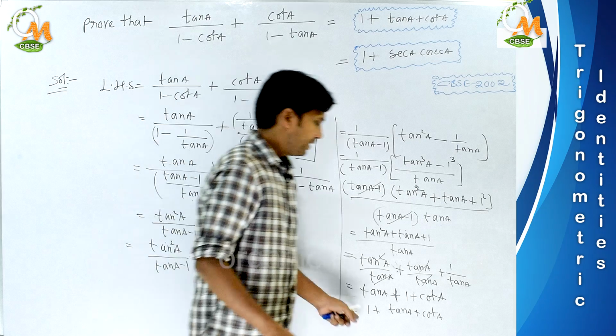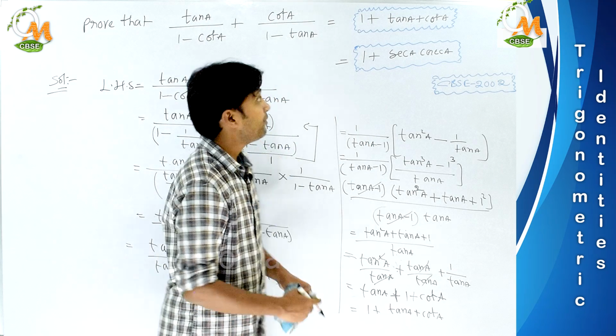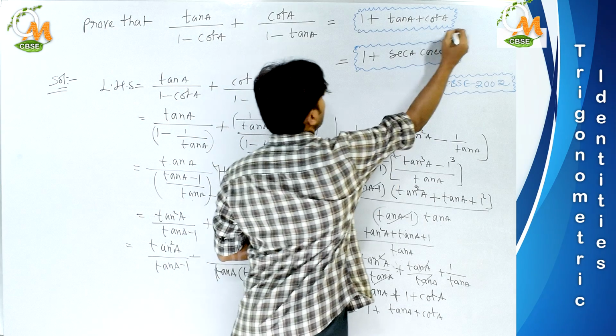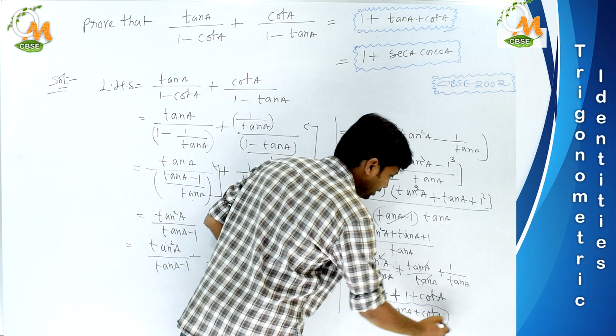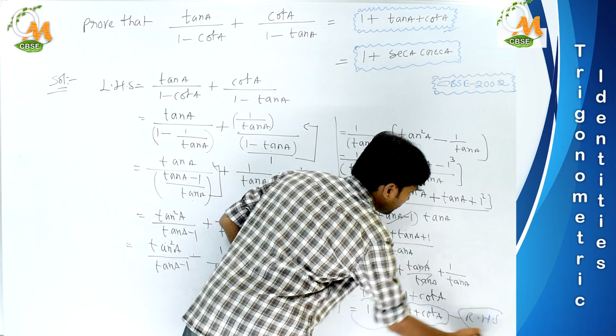We rearrange the terms and get 1 plus tan A plus cot A. So we obtained the first result or not? Absolutely, we got our first result. So therefore this is your first RHS part you obtained, your answer for the first part.